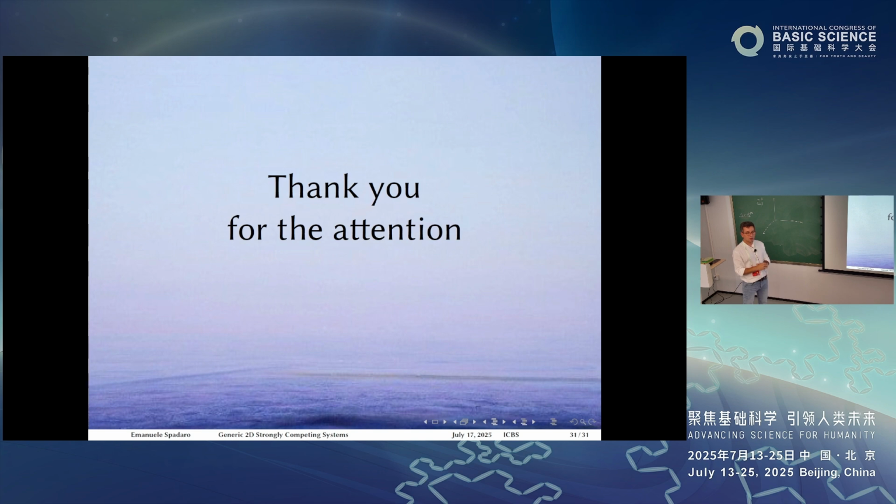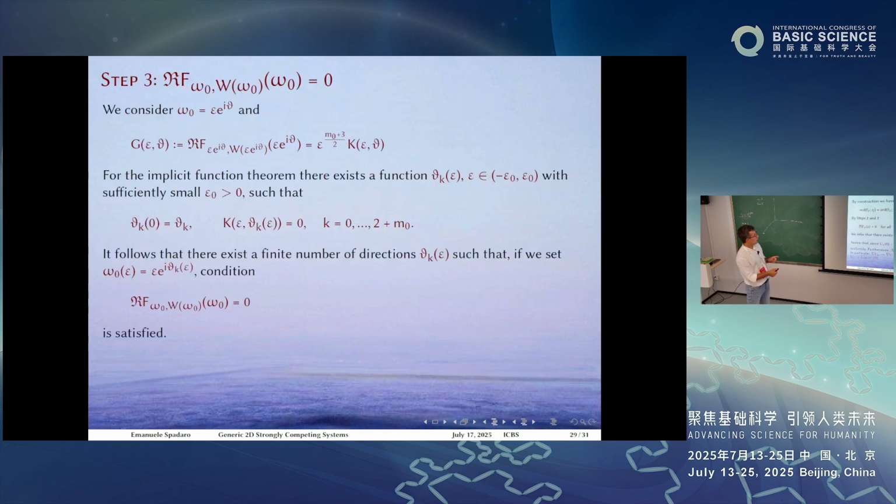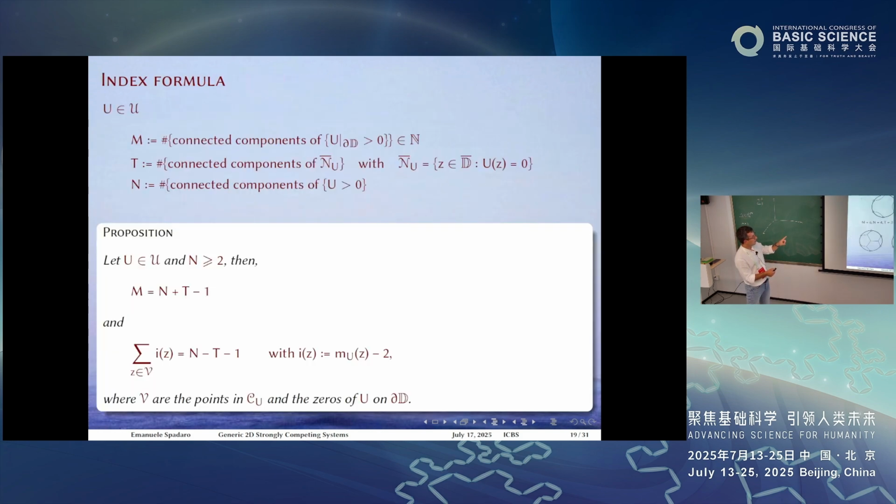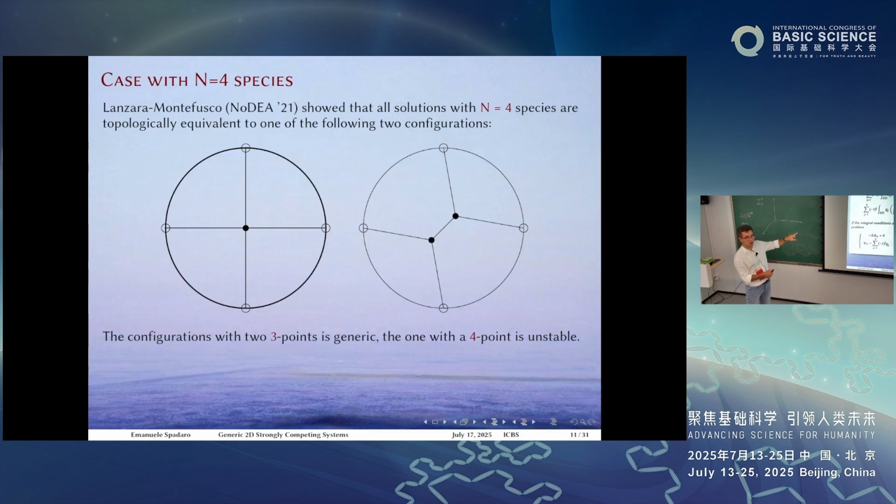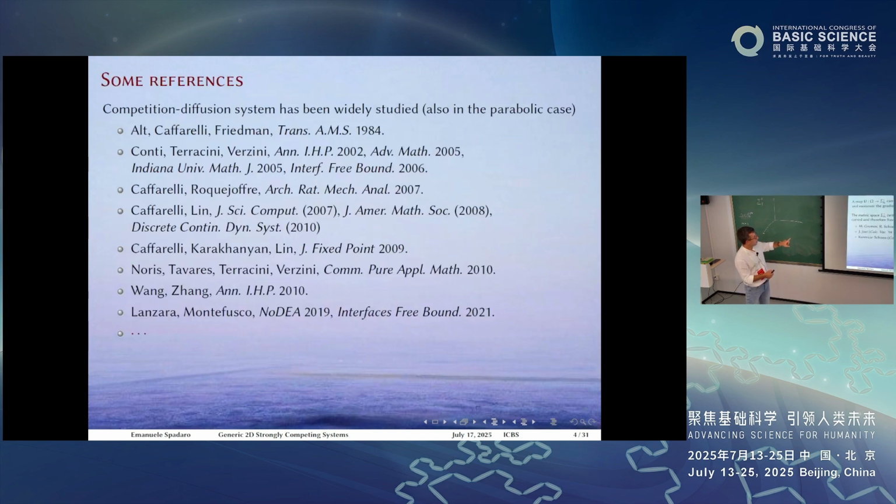So here, the equations are Laplace equations. If we add time, or temperature or something, this problem is also being studied from the dynamical point of view, and indeed many of these references are also for the parabolic version of these problems, especially some of the works of Conti, Terracini, Verzini, and the work of Wang and Zhang.